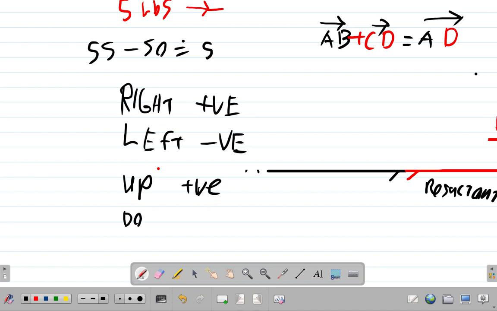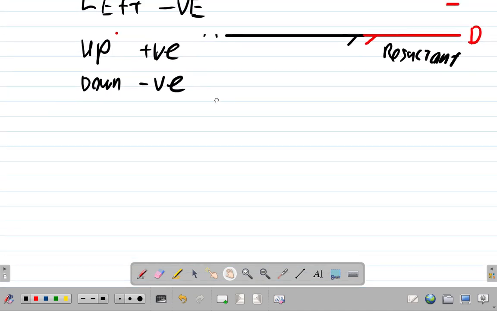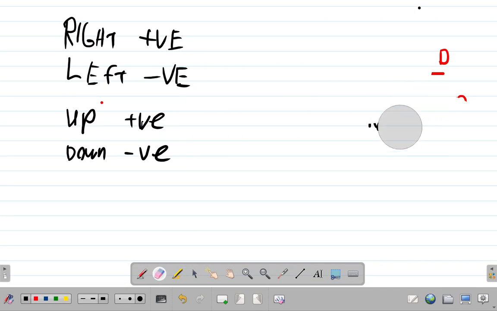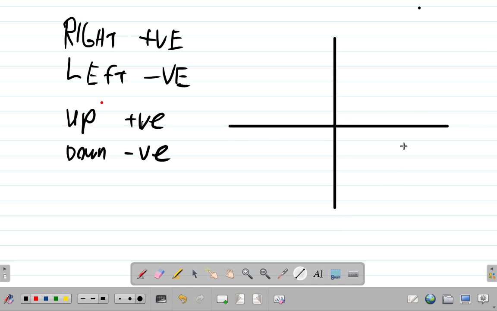Vectors acting down are considered negative. It's somewhat like the xy coordinates, where you have 0 at the center. Positive numbers go to the right, negative numbers go to the left.